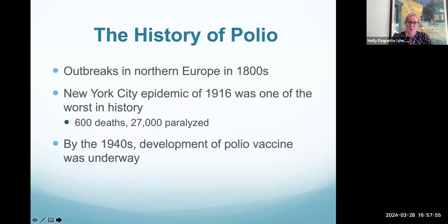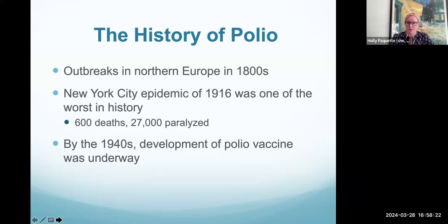So the history of polio, we saw outbreaks in Northern Europe in the 1800s, and when we really started to see it in the United States was in the 1900s. New York City had an epidemic in 1916, and it was one of the worst in history. We saw 600 people dying from polio and around 27,000 that were actually paralyzed. And we'll talk about how it is that this virus can cause paralysis of the body.